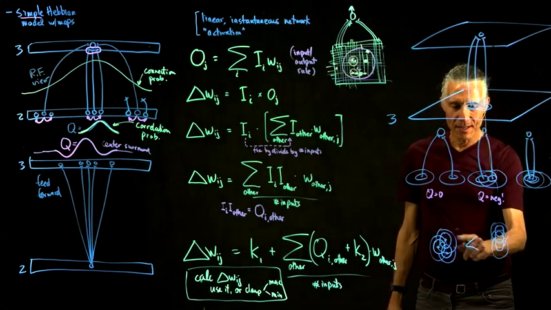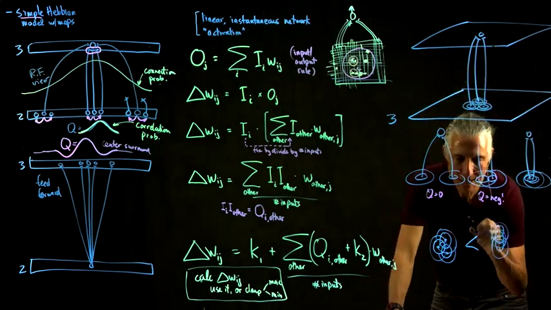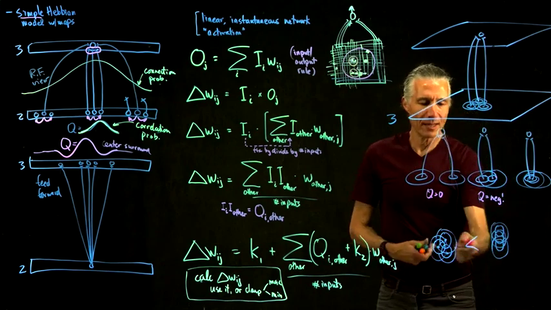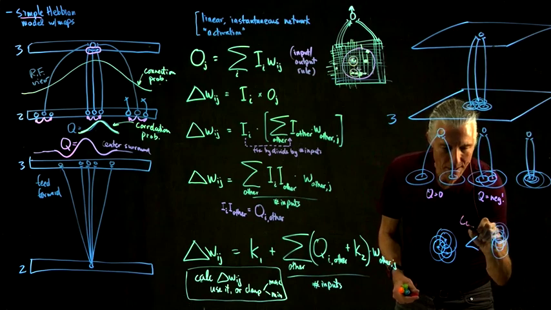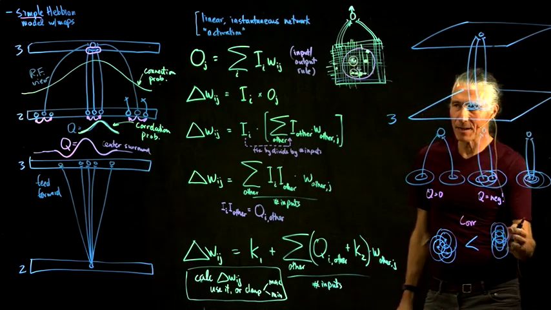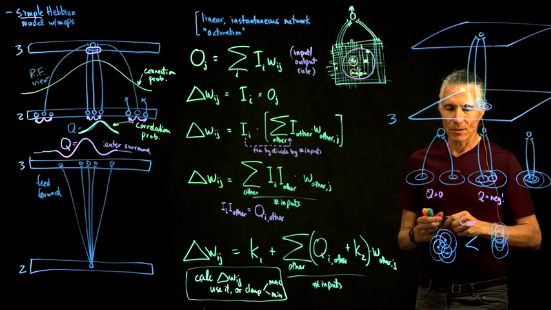So this is the correlation between these units when you've got an input layer that has center surround. The correlation is slightly higher for linear structures.